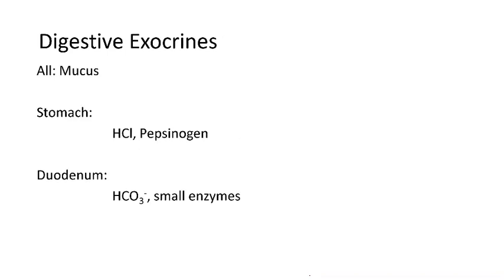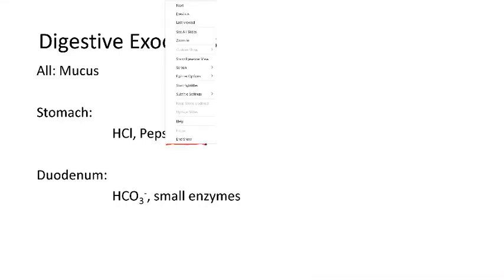And then our exocrines: every system secretes mucus, all the way from your saliva glands down all the way through your large intestine. In addition, the stomach has hydrochloric acid, which you've probably heard of. We'll look at how that happens, and pepsinogen. We're going to see this ending inogen on a couple different hormones across the next couple weeks.